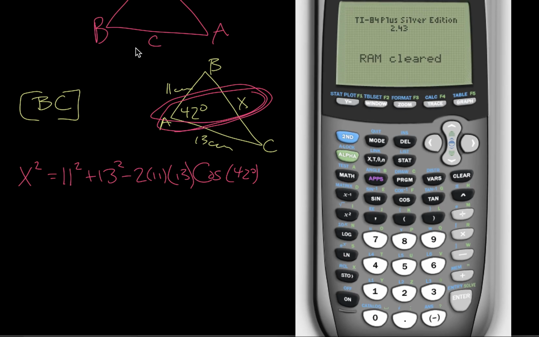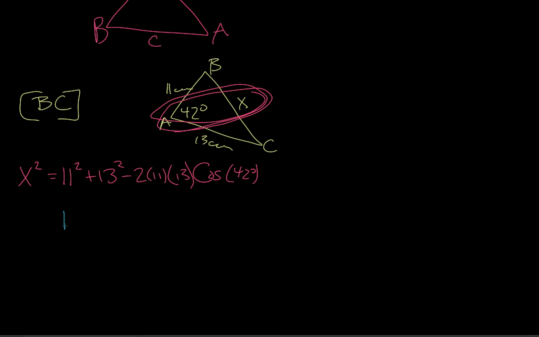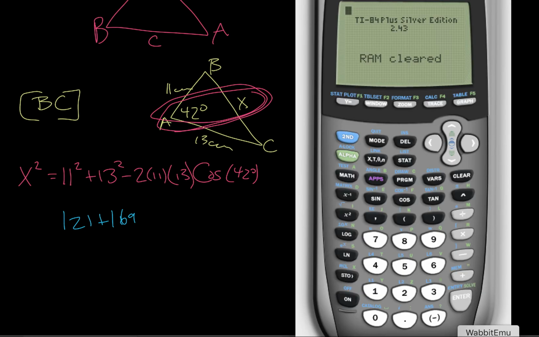Okay, so we're going to square first right here these two things, as well as multiply these numbers out. So that's going to be 11 squared, 121, plus 13 squared, 169. And then we're going to get negative 2 times 11 times 13. I said 3, I meant 13.